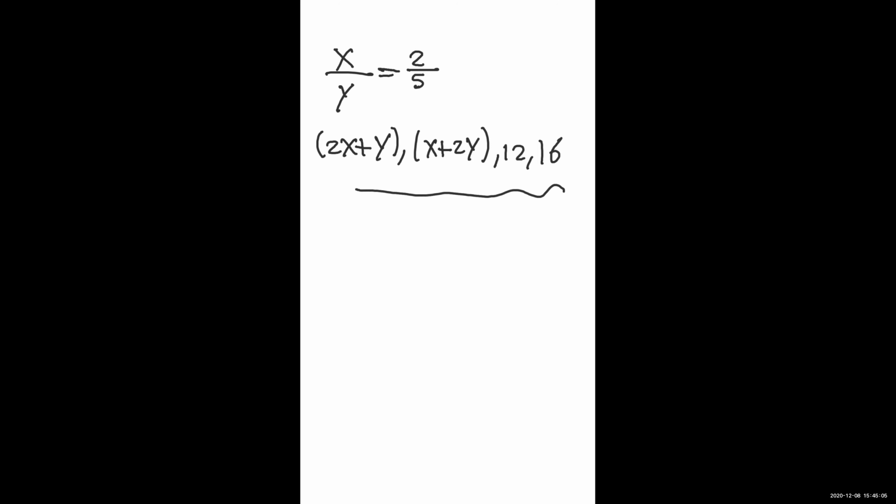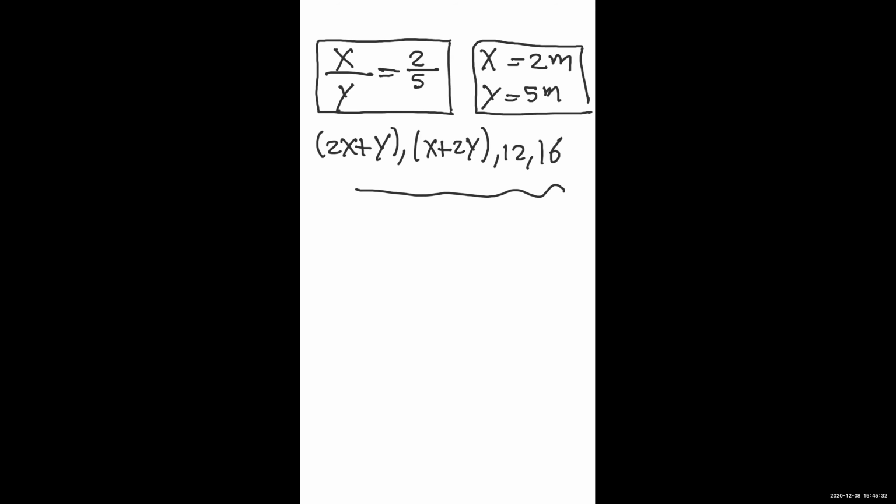The given ratio is x over y equals 2 over 5. So x will equal 2m and y equals 5m.